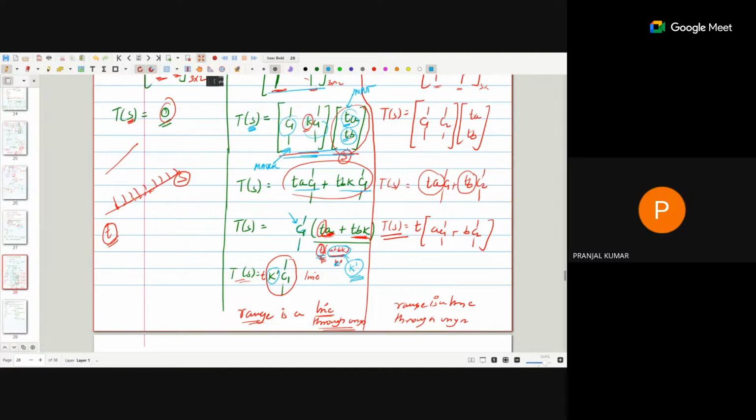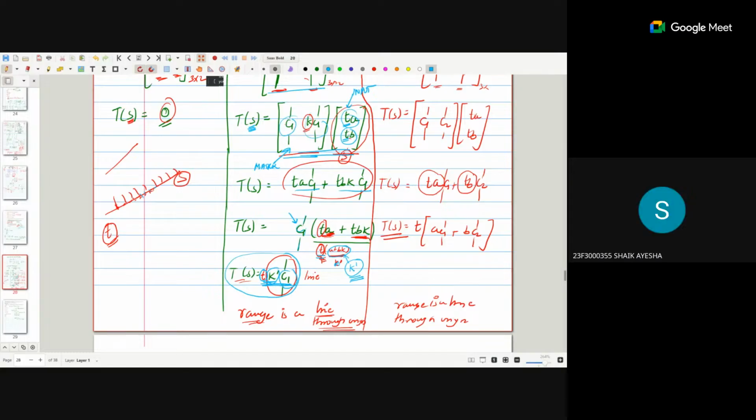Now what is the only variable part in this whole expression? T. So if I change t, I am getting different input. So is this whole expression telling me the output for that corresponding input vector from T of S? Yes. So isn't this again a scalar multiple of a column vector?